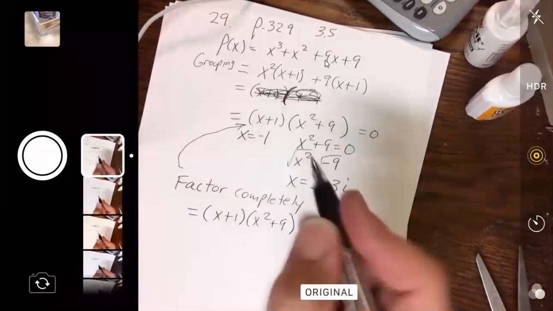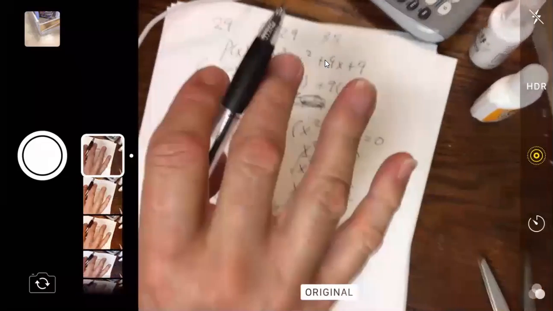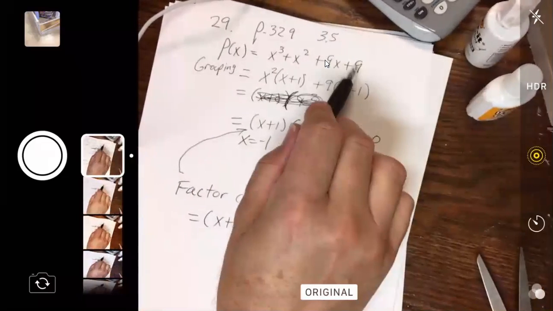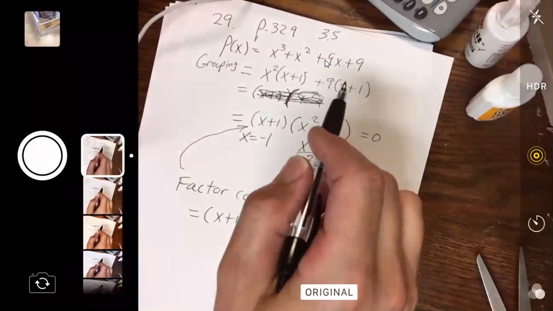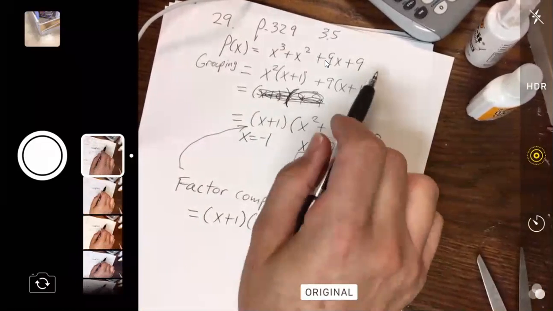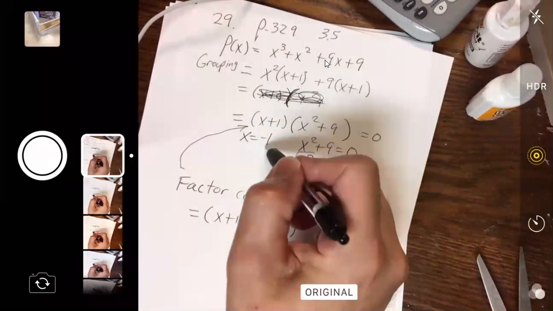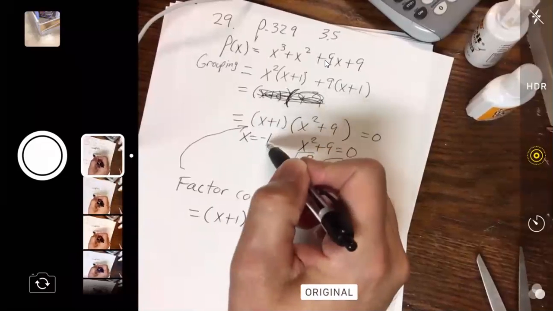That's what I figured, because with the other way, you kind of have to guess. Yeah, that only gives you real zeros. Factors of 9 divided by factors of 1, so that'd be plus minus 1, plus minus 3, and plus minus 9. And when we checked them on the calculator, only the -1 would give you 0.